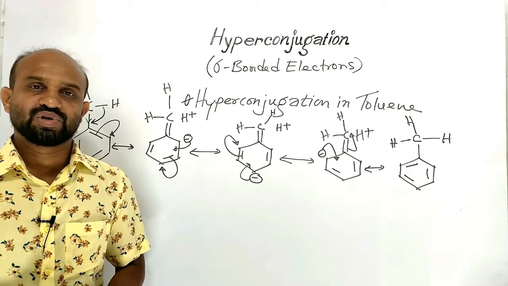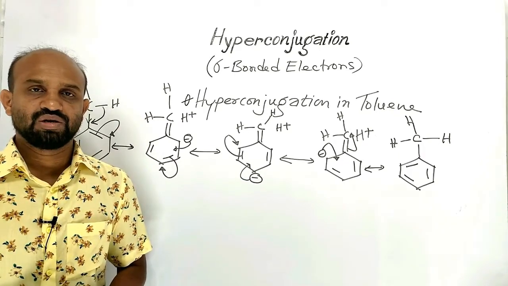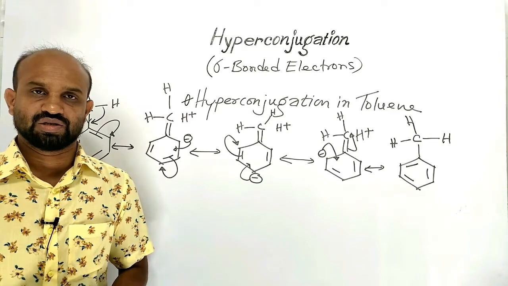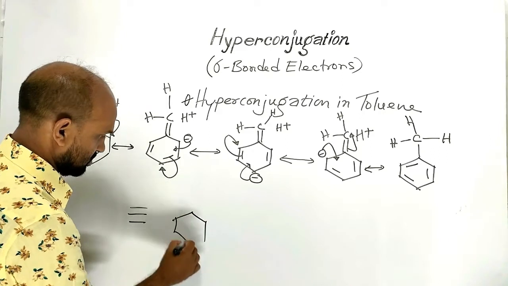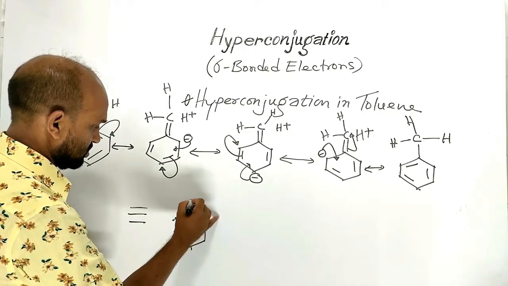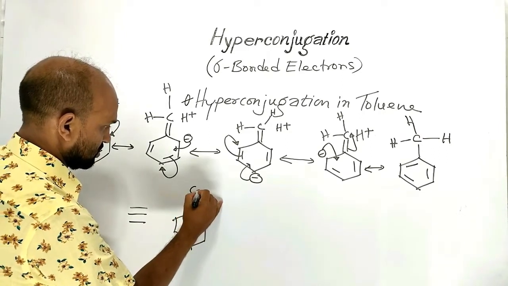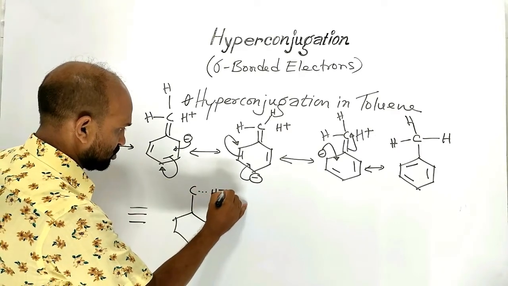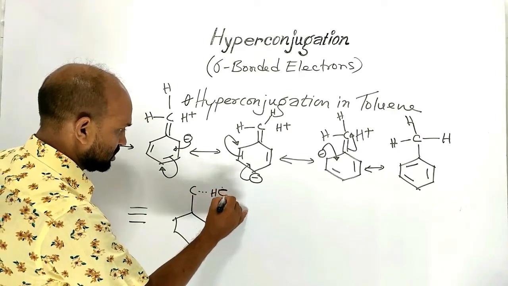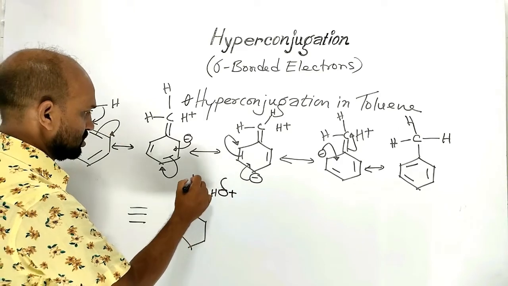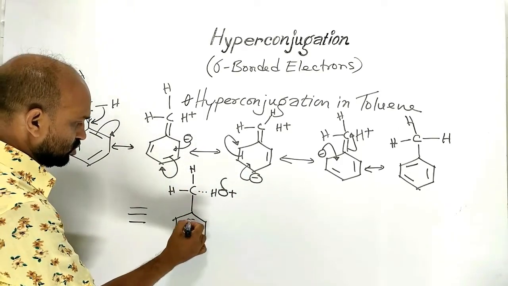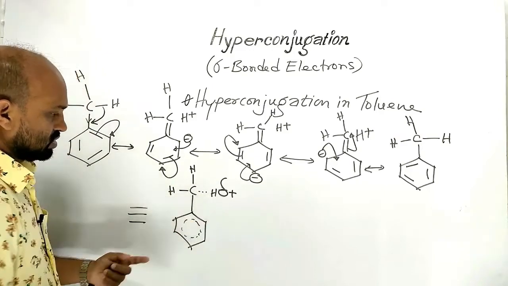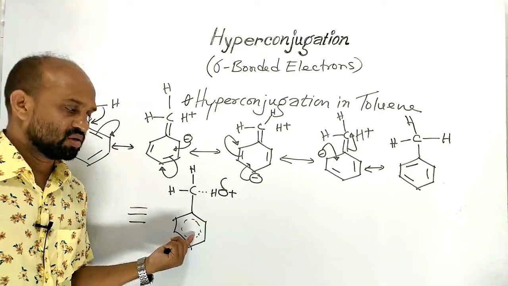Let's write the hybrid structure of toluene for the effect of hyperconjugation. Hydrogen with partially positive charge, here hydrogen, here hydrogen. We can put this ring in this way.